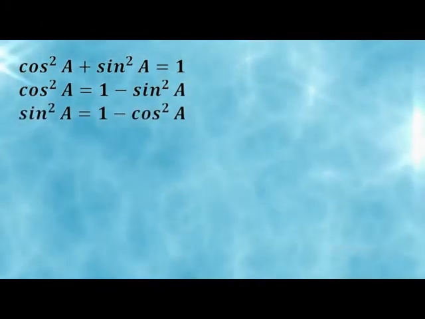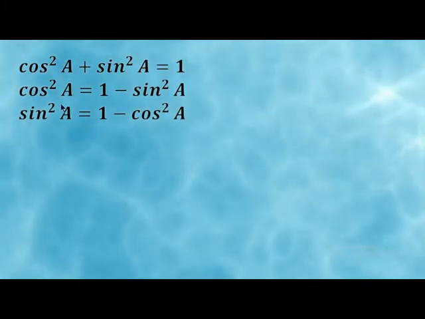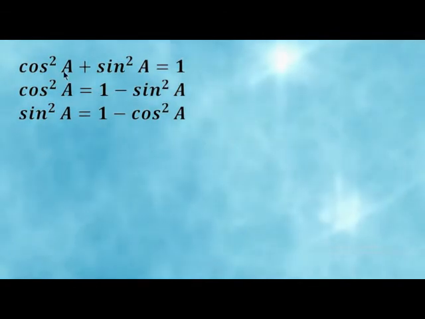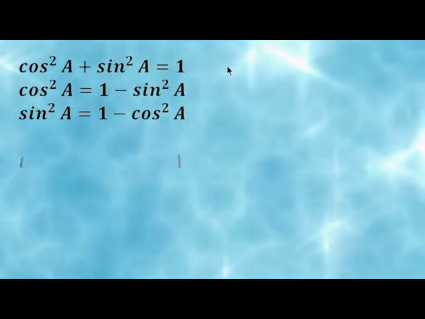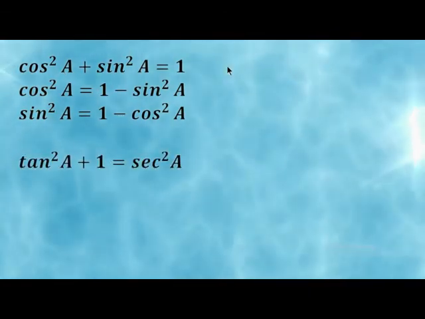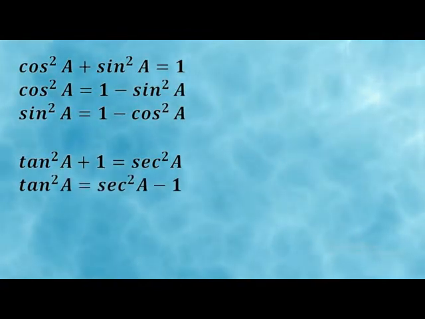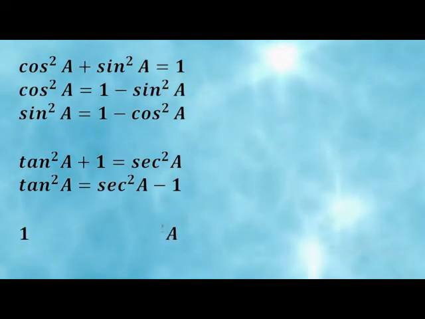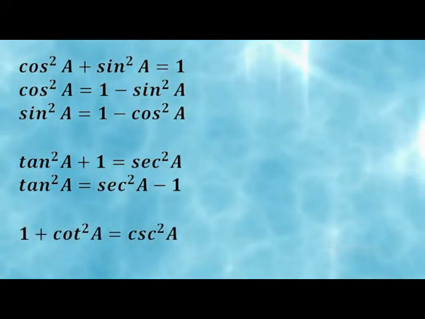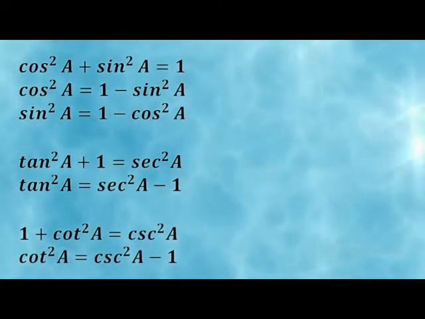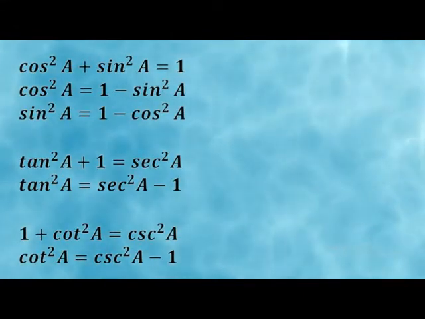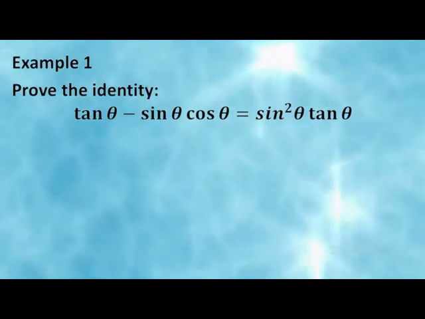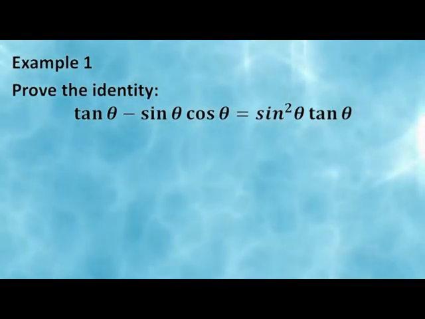And then sine square A equal to 1 minus cosine square A. You move cosine square A to this side. And then based on this formula, you can find the value of tan squared A equal to secant squared A minus 1. And based on this formula, you can find the value of cotangent square A equal to cosecant square A minus 1. Let's jump to example 1 in your book.